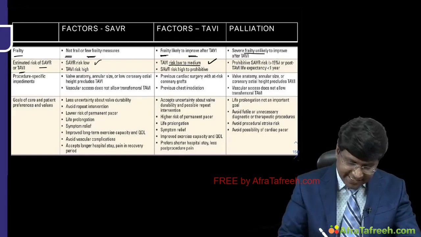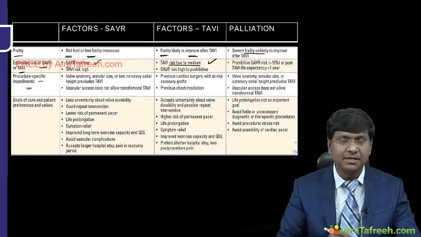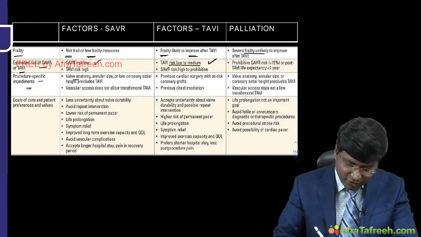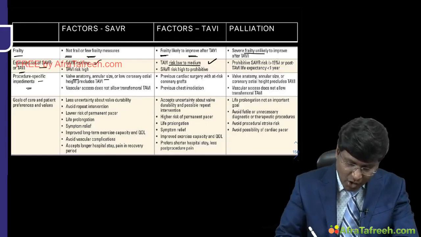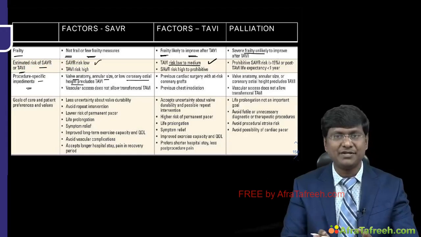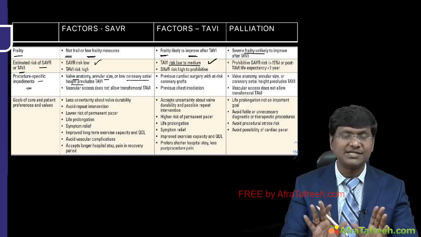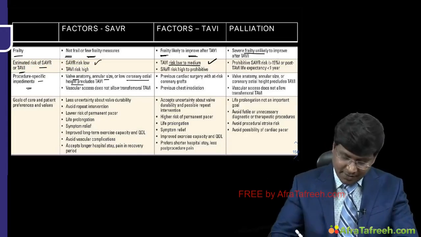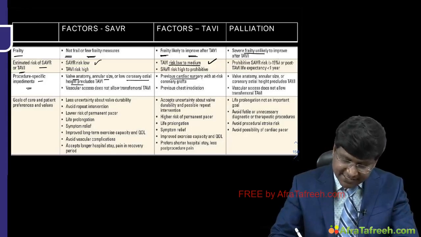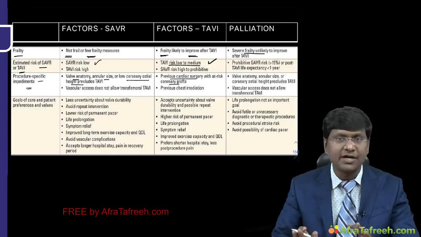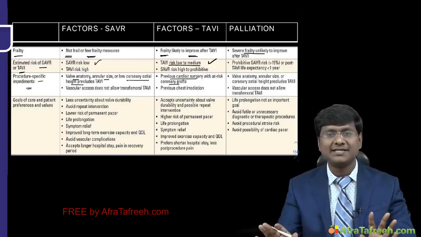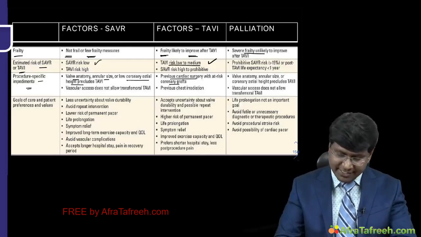Then procedure specific impediments. Now valve anatomy, annular size or low coronary ostial height, these patients require surgical aortic valve replacement. And previous cardiac surgery with at-risk coronary grafts, transcatheter aortic valve implantation is being preferred.